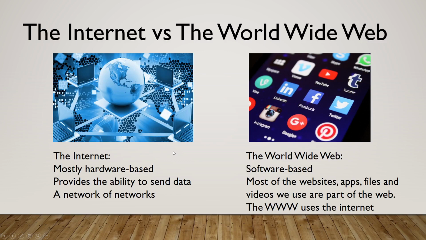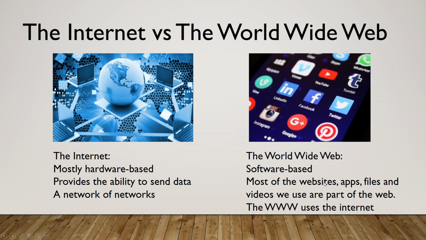Okay, Internet versus World Wide Web. The Internet is a mostly hardware thing. It's consisting of all the devices, network, cables, routers, all that stuff, servers around the world, mostly hardware-based, providing the ability to send data. What has grown on top of that, kind of like the leaves of a tree, is the World Wide Web, which is mostly software.